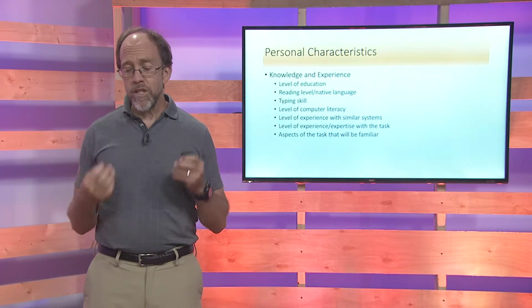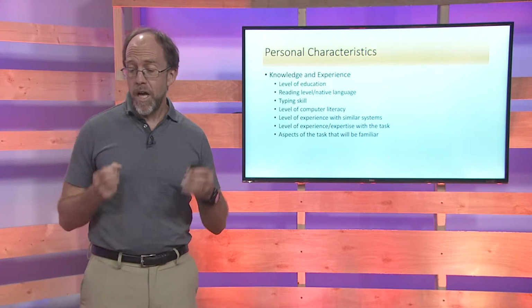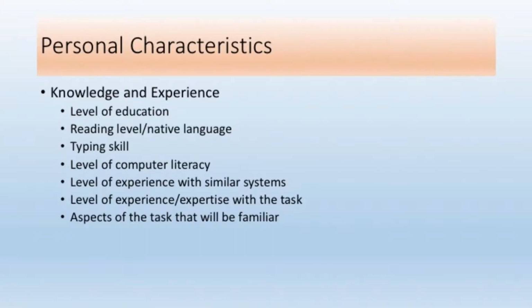So first, let's look at some of the personal characteristics of the users themselves. The biggie, knowledge and experience. What do the users bring to the system? This allows you to actually get groups of users.